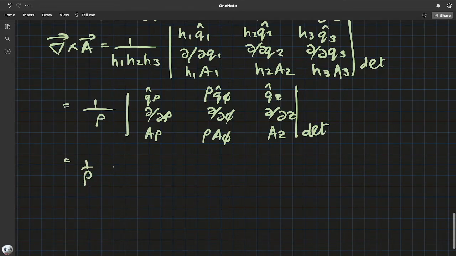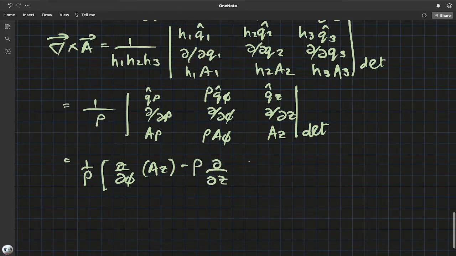1 over rho, and the first term is partial with respect to phi of a sub z, minus rho partial with respect to z of a sub phi. The rho was actually inside, but I took it out. I'm skipping steps here.